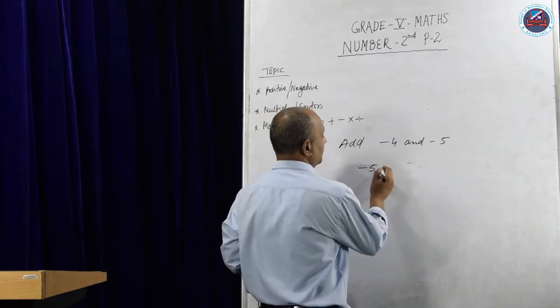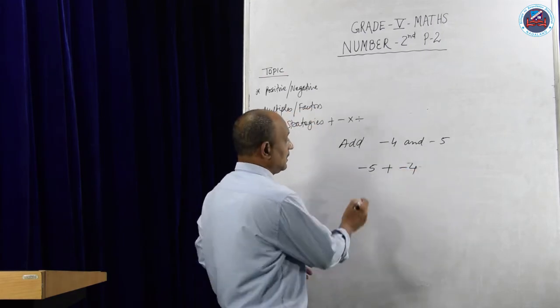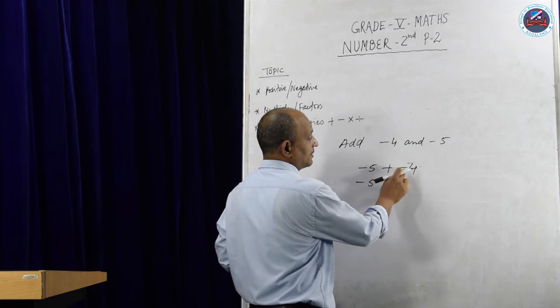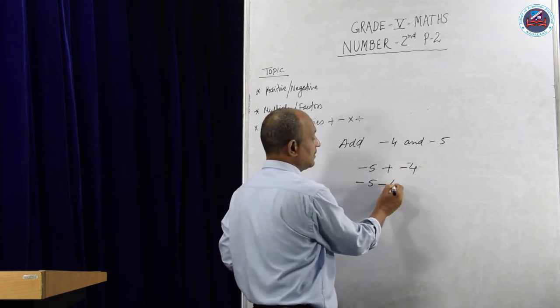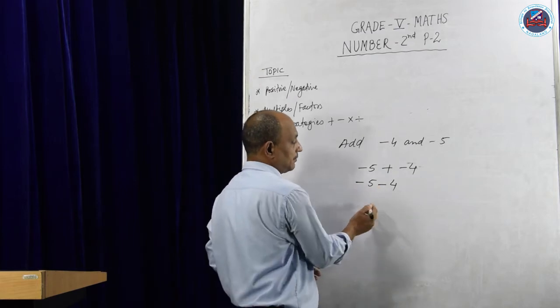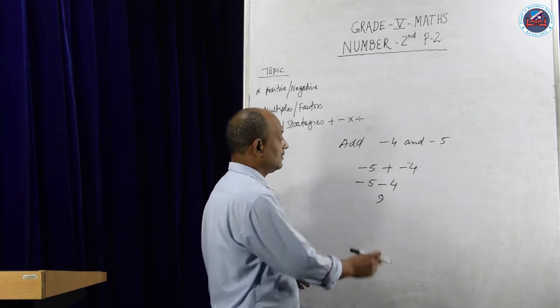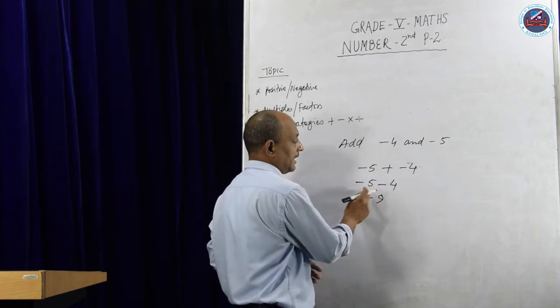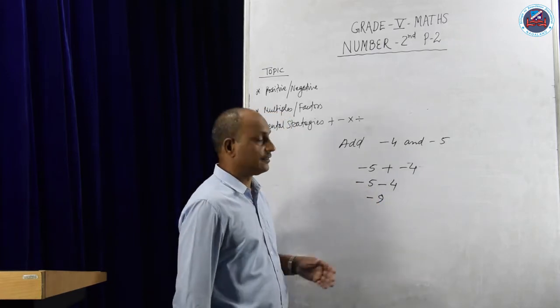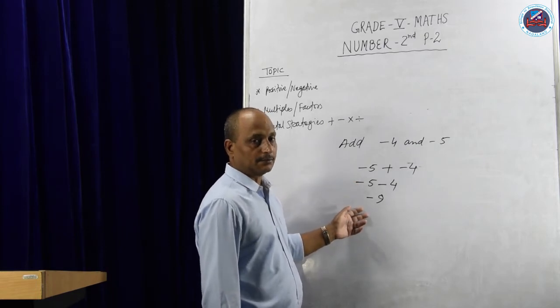Let us write -5 plus -4. Minus plus minus, then 5 plus 4 is 9. Which is greater? 5. And 5 is of what sign? Minus sign. So we have to write the minus sign, a negative number.